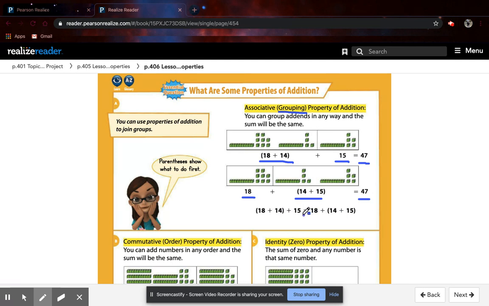Pay attention to our little equal sign in the middle. It's just telling you that this addition sequence is the same once you add it together as this addition sequence. Okay, so again, the only thing that changes is the parentheses and what numbers are grouped together. So I'm going to go ahead and just erase this, so when I move down, it's gone.